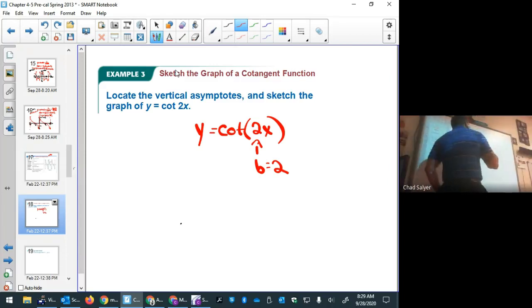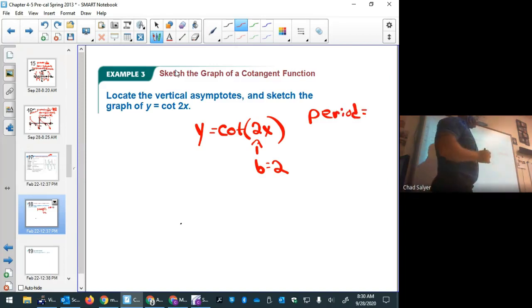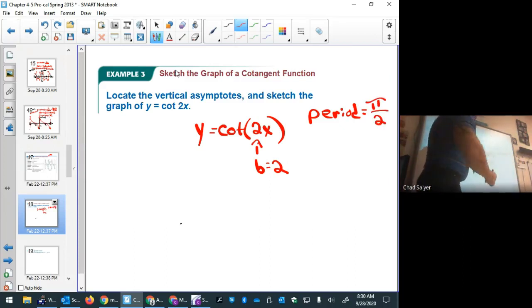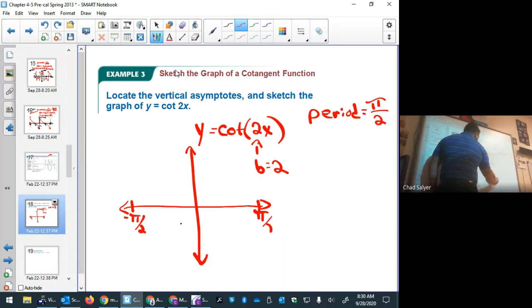In what way would it change the period? So my period originally is pi. What's it going to be now? Very good. Pi divided by the absolute value of b, which is pi over 2. So the only thing different is the indexing. Remember, you can just do the same graph over and over again if you reindex your x-axis appropriately.